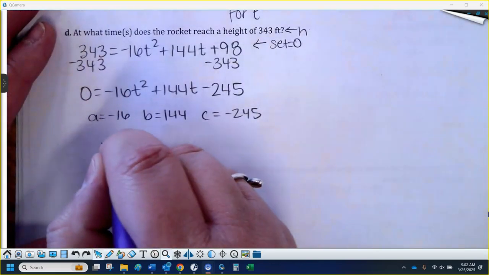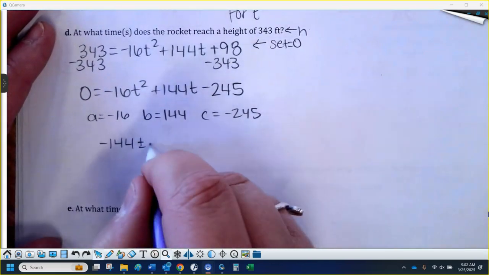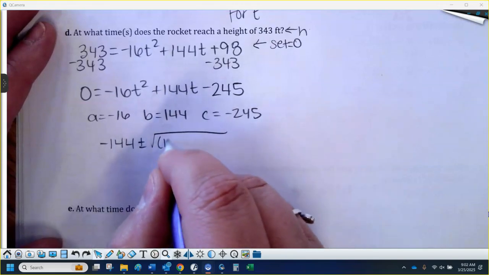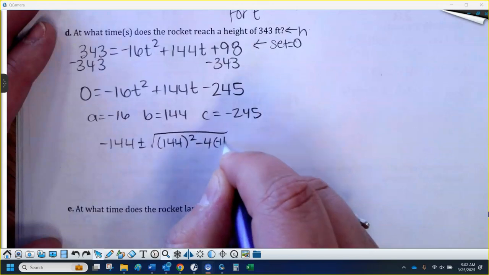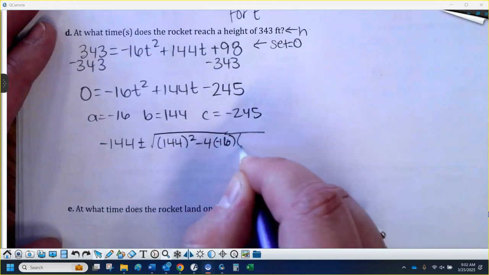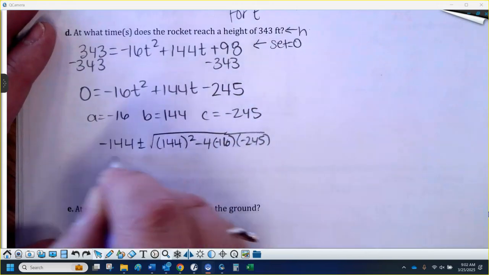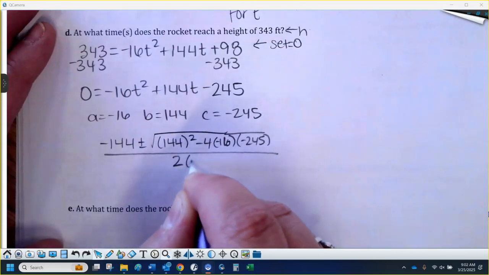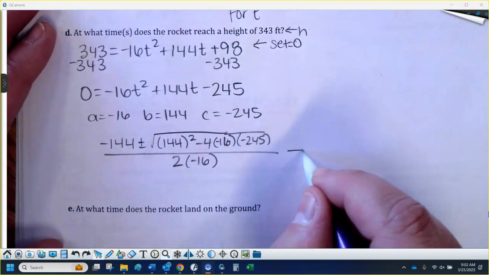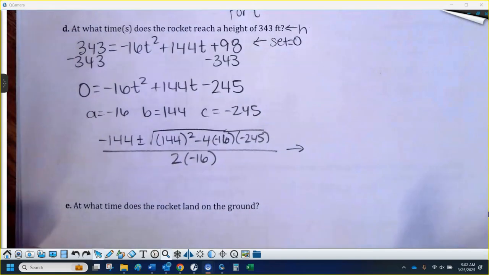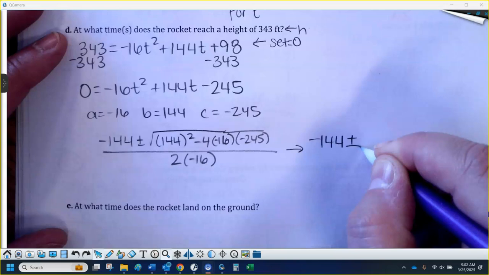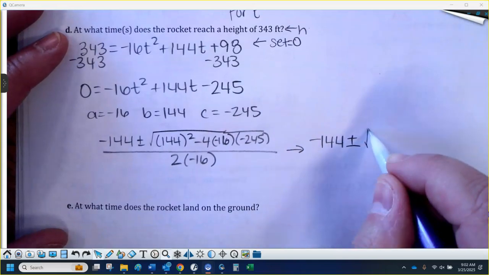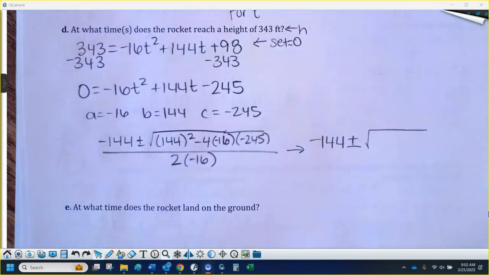So I'm going to do negative 144 plus or minus the square root of, this will be a huge number, 144 squared minus 4 times negative 16 times negative 245, all over 2 times negative 16. I would recommend doing at least one step like we were doing yesterday. You do not have to break down whatever is under this radical because it's going to be a huge number, but maybe get it down to one number so we lessen the chance of making a mistake.